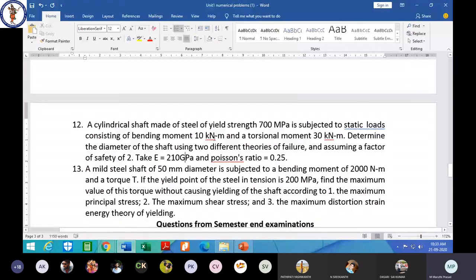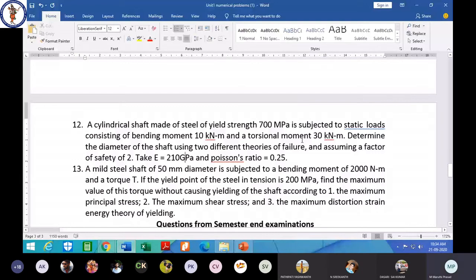Now you start your solution. This is the problem given for you. You go for the solution. The thing you should identify is, here the types of loads are already given. One is bending moment. So due to bending moment, what is the stress induced? Bending stress. You know the formula for bending stress. Due to torsional moment, we have shear stress.